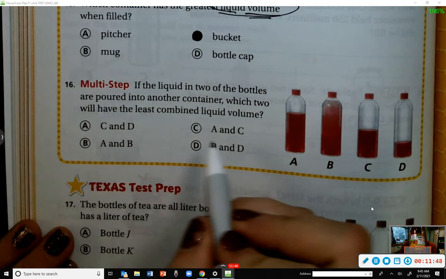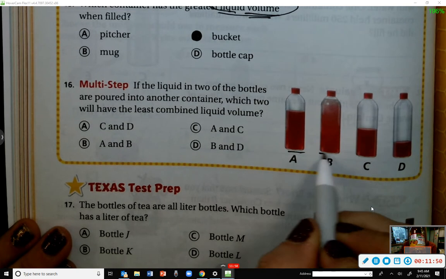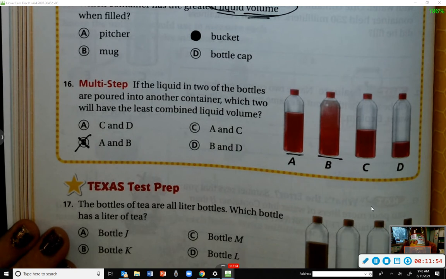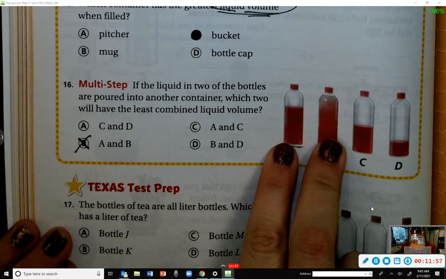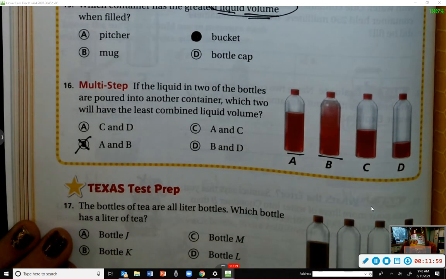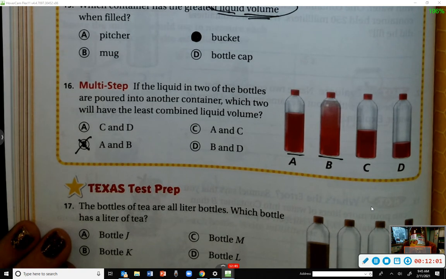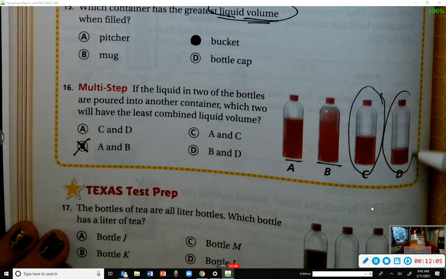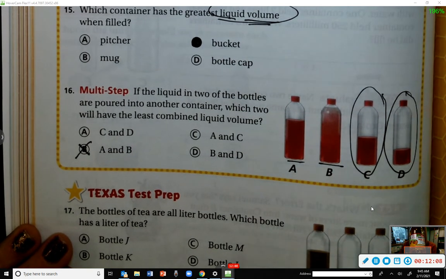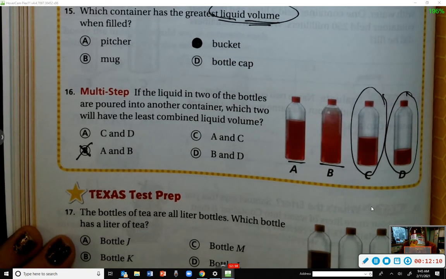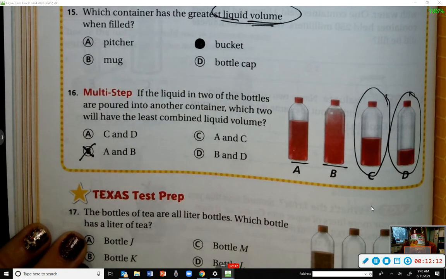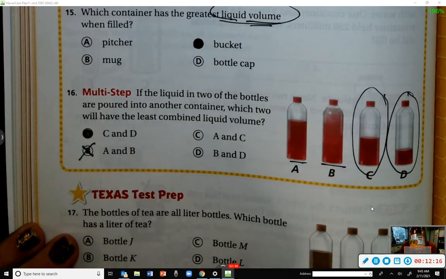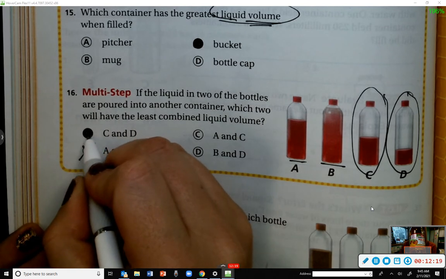Okay, good. So obviously we wouldn't combine A and B because that would give you the greatest liquid volume because these are the most full, right? And I circled C and D because C has the lowest and D has the lowest. Good. We would want to combine the 2 lowest ones, right? C and D are the lowest. So if I combine those 2, those are going to give me the least amount of liquid combined. Okay?